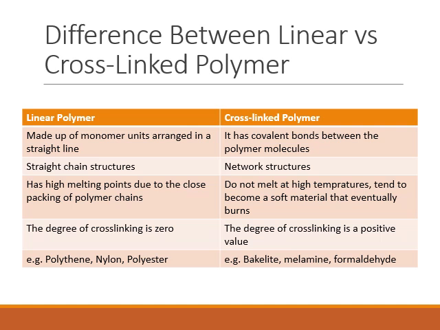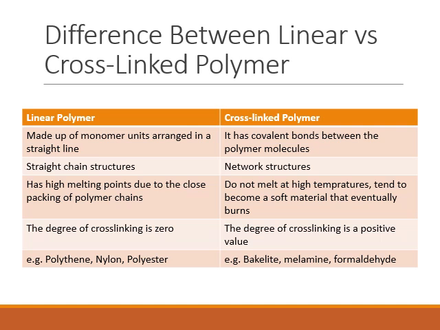The linear polymers have high melting points due to the close packing of polymer chains, while the cross-linked polymers don't melt at high temperature. They generally tend to become soft and eventually they would burn, but they won't melt.